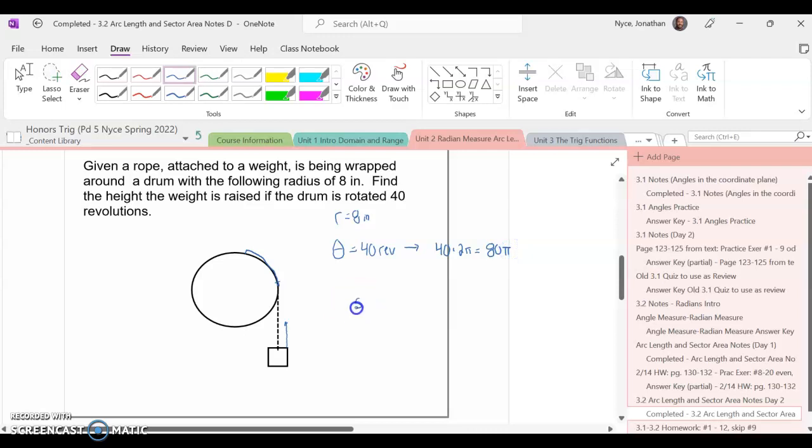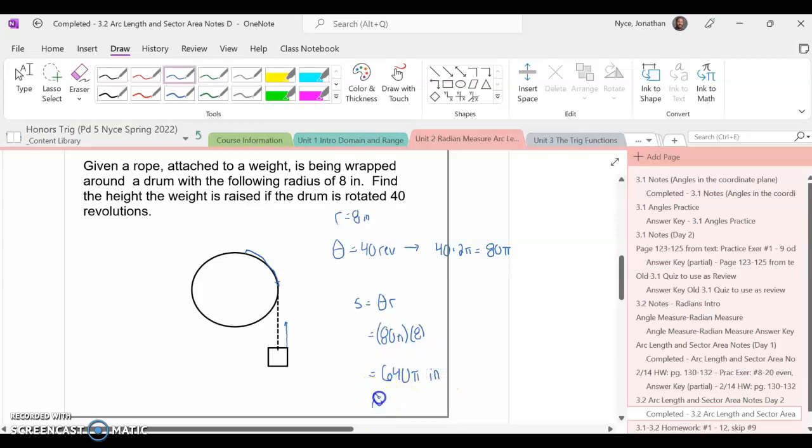And once we have that, it's just S equals theta times R. 80 pi is our theta. Our radius is 8. That gives us 640 pi. Again, that's going to be inches.